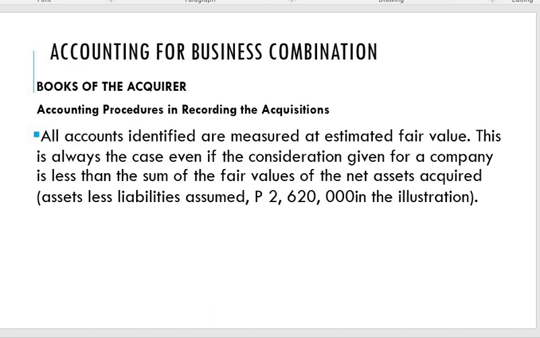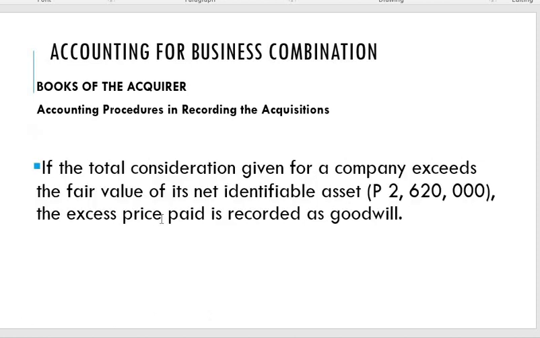If the total consideration given for a company exceeds the fair value of the net identifiable assets, meaning your purchase price is more than the net identifiable assets acquired, there is a goodwill.